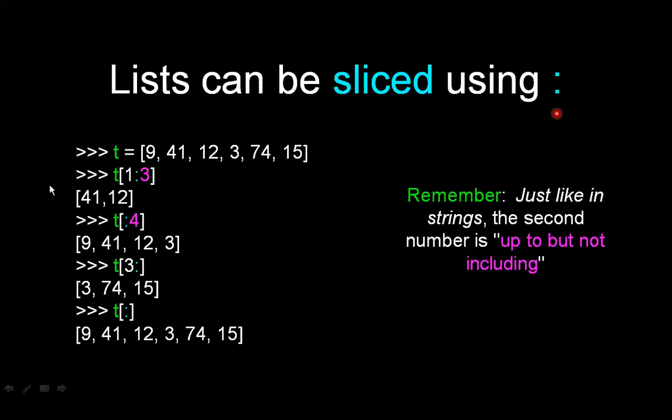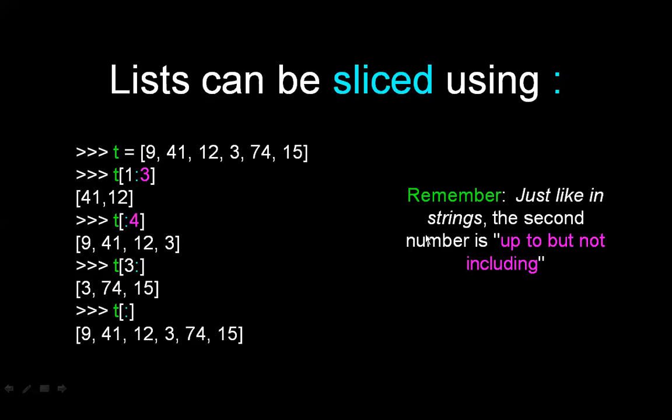We also looked into different types of examples: what happens when we specify both the starting and end index numbers, what happens if we specify only the end index number, what happens if we specify only the starting index number, and what happens if we specify neither the starting nor the end index number. That's what we saw.